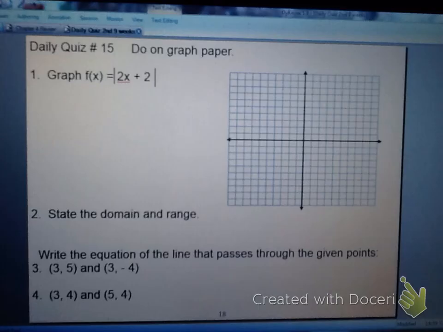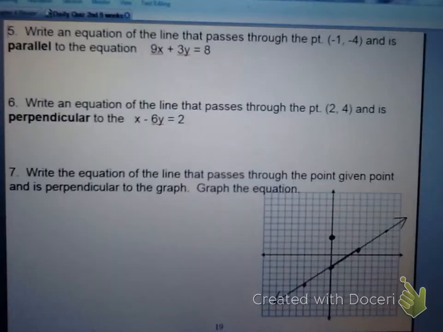Okay. Since we are going to miss school today or tomorrow, whenever you're reading this, you're missing the daily quiz. For the daily quiz, I want you to pause this recording, copy down these 4 problems, work these 4 problems on graph paper, then go to the next panel. Copy these 4 problems.